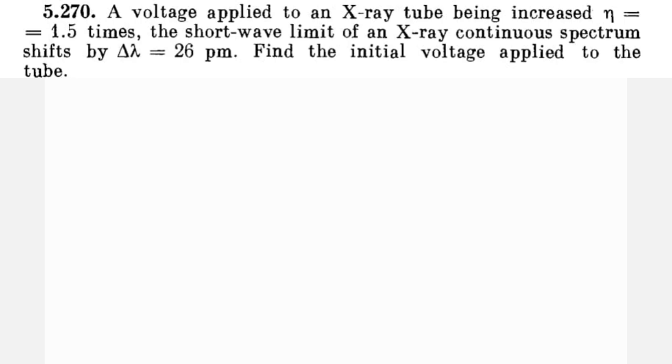So if we begin with this problem, we need to understand a few concepts which I am repeating over here. If we consider the energy equation E equals hc by lambda, we can clearly understand from here that if we increase the value of wavelength, the value of energy will go down, and the reverse is also true.